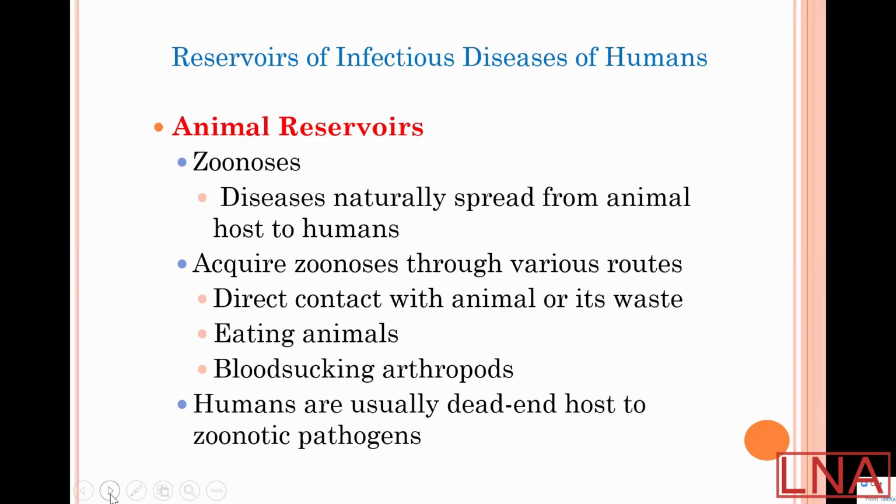So zoonosis can be real zoonosis or anthropozoonosis, because humans are usually the end host of zoonotic pathogens. So the bacteria or virus will die inside us or will die with us.